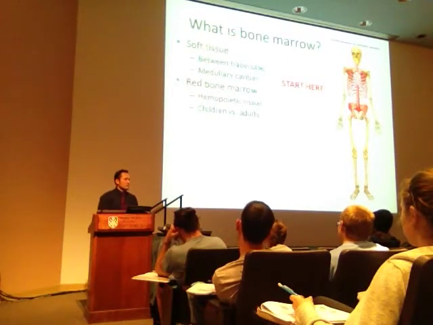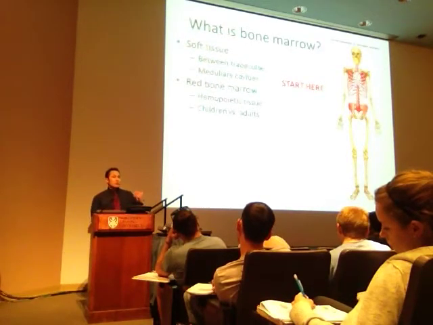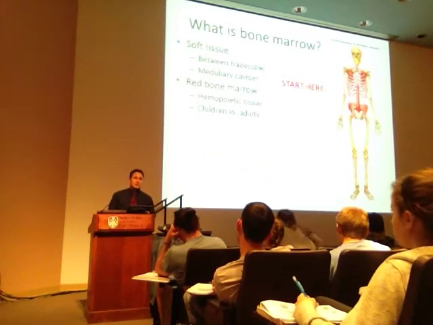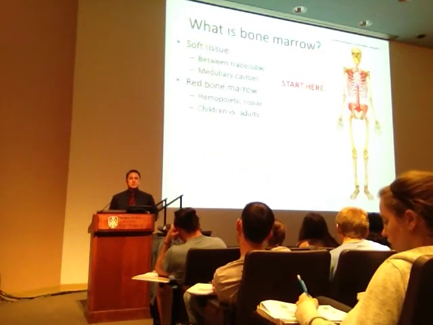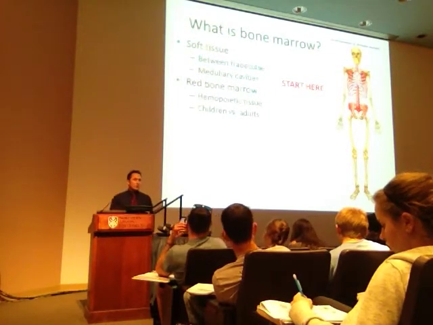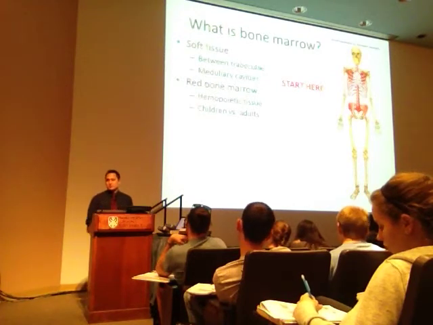Challenges? Yeah. So children likely need red blood cells and white blood cells more frequently. The white blood cells are to fight off infections or challenges to the immune system like a cold or a virus. And the red blood cells are to carry oxygen.